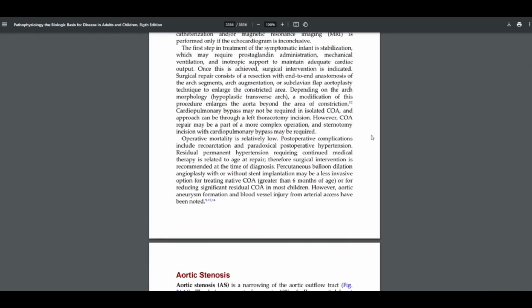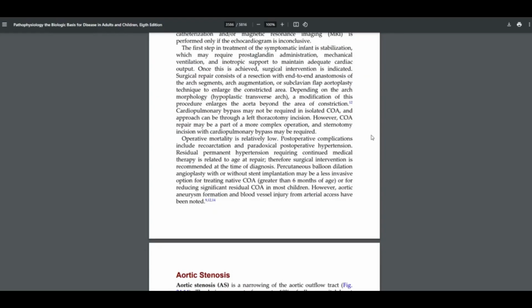Operative mortality is relatively low. Post-op complications include recoarctation and paradoxical postoperative hypertension. Residual permanent hypertension requiring continued medical therapy is related to the age at repair. Therefore, surgical intervention is recommended at the time of diagnosis.